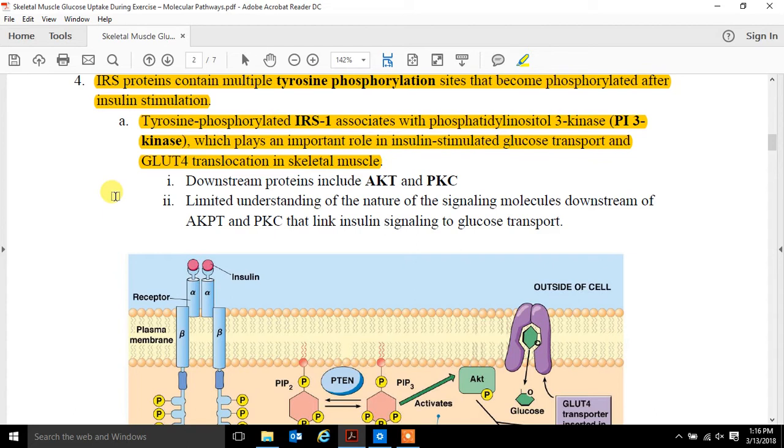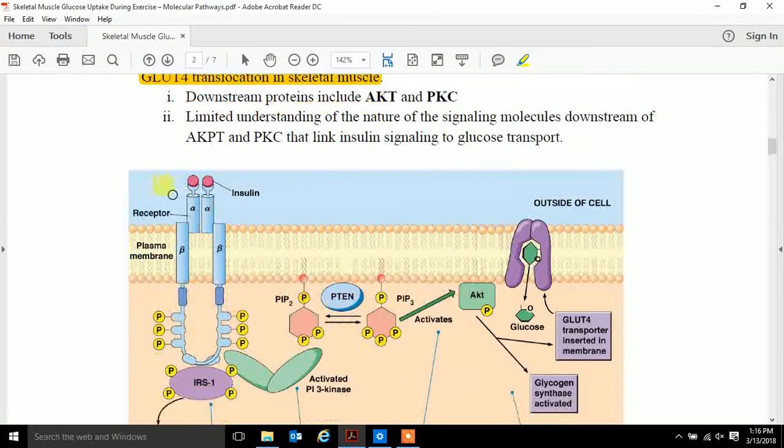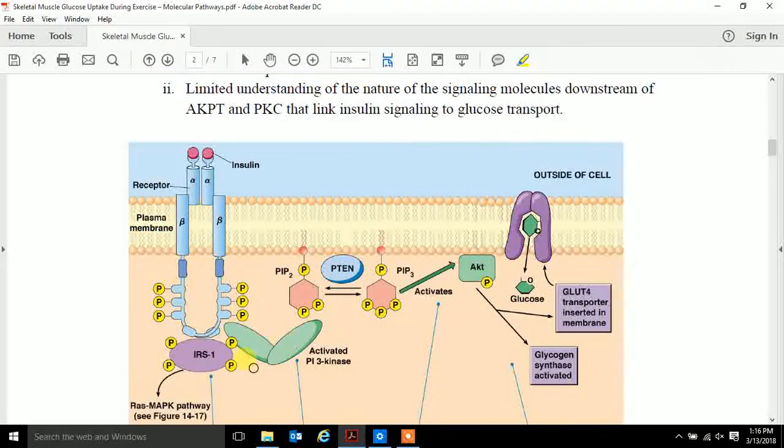Let everybody write a minute here. The PI3 kinase, so here's our activated PI3 kinase.